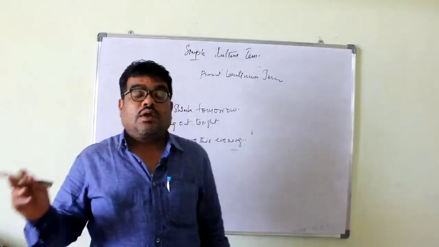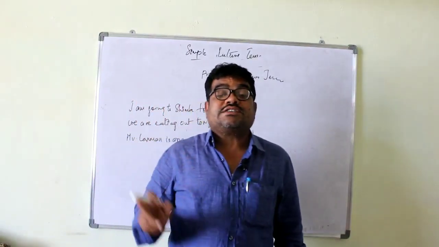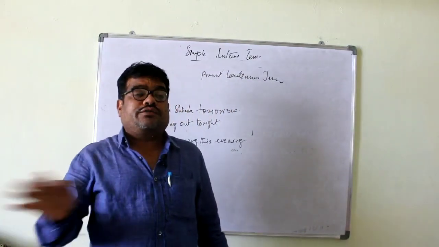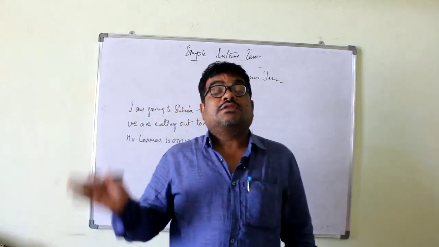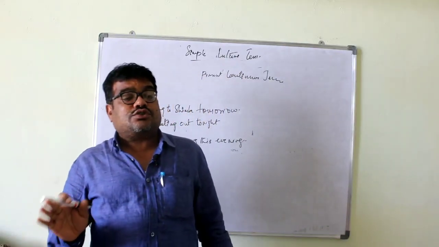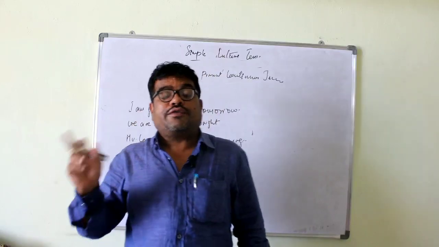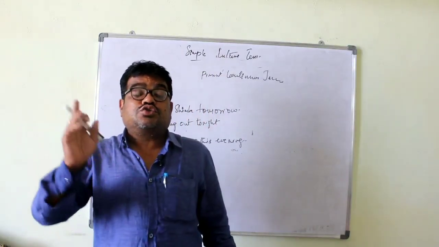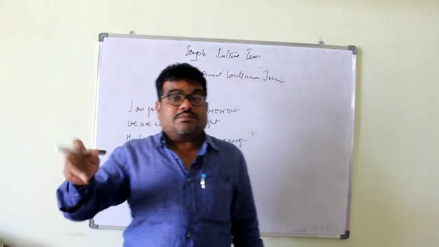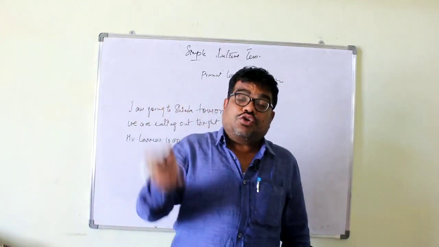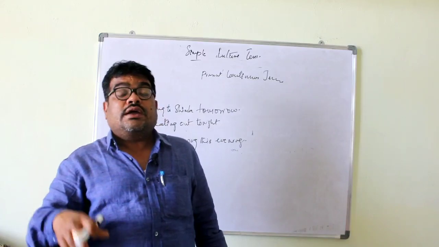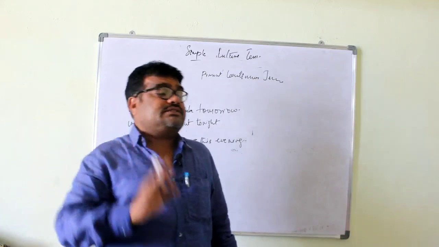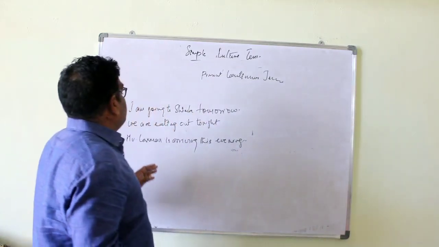Right now, I told you that simple present tense is also used to talk about the future action. In the same way, the present continuous tense is also used to talk about future action. When we plan to do something sometime in future, present continuous tense can be used. You see the example?